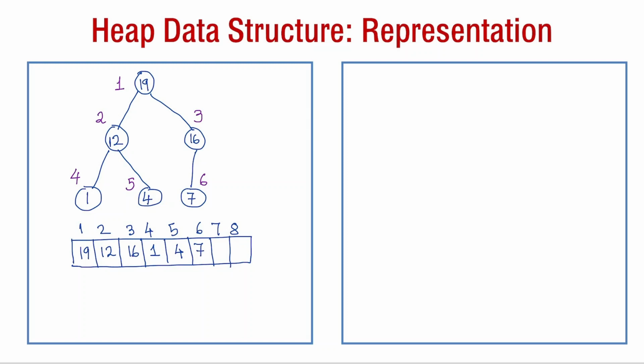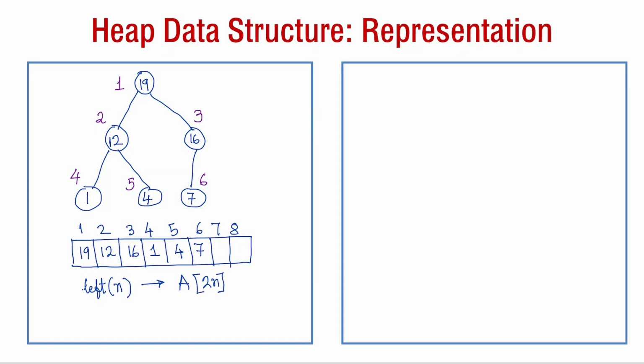And if I store these elements of the heap, then it becomes very easy to see how to access the heap. Now, if I want the left child of any node n, it can be obtained from this array A at the 2n location, provided this 2n is less than or equal to the size of the heap.